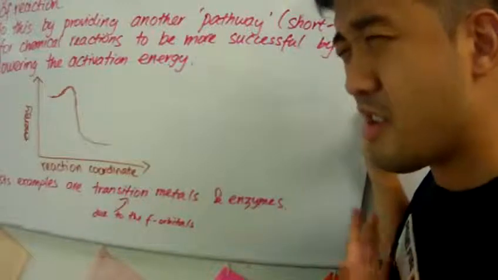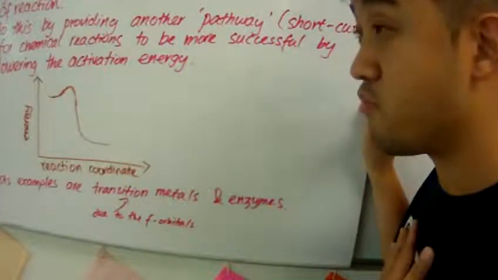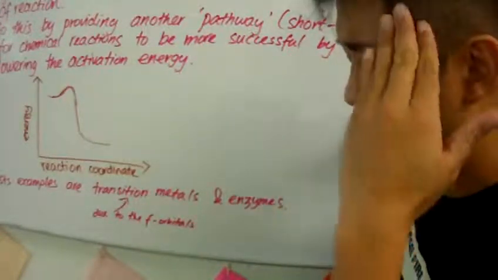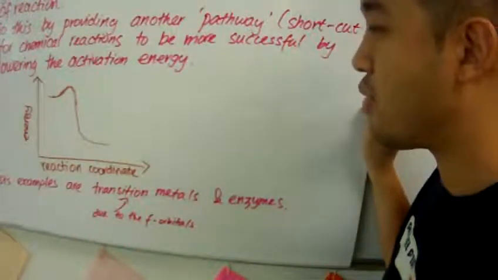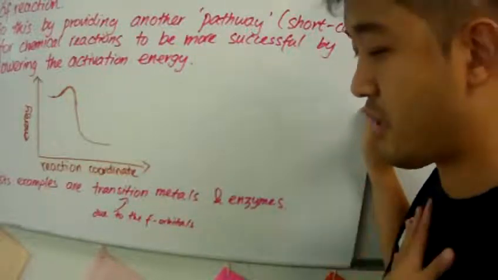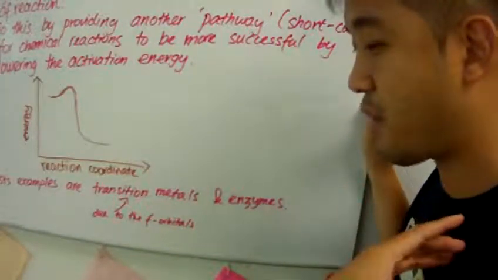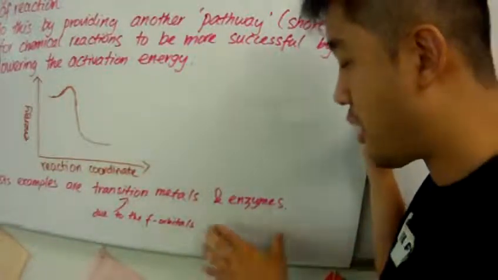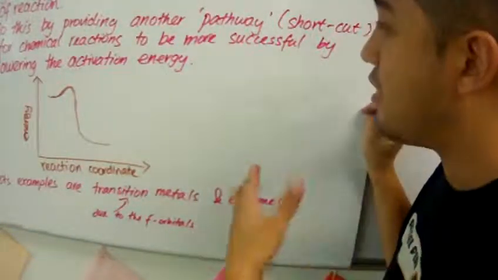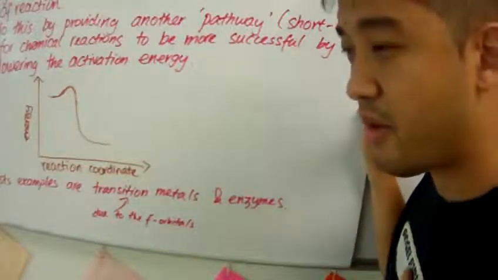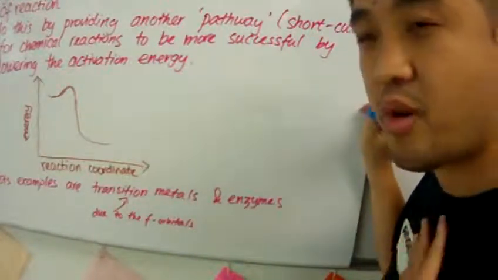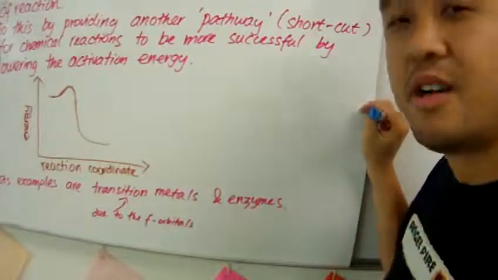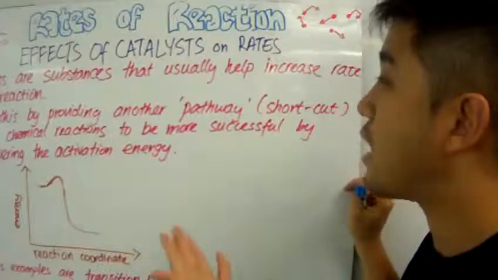It's just around body temperature, which is about 20-something degrees. I'm not a biologist, I can't remember those facts. And so we don't have a lot of pressure, we don't have a lot of temperature in here to allow chemical reactions or biochemical reactions to occur in our bodies. So that's why enzymes provide an attractive pathway for lots of our respiration reactions to occur. So, all right. So that's the effects of catalysts on rates.